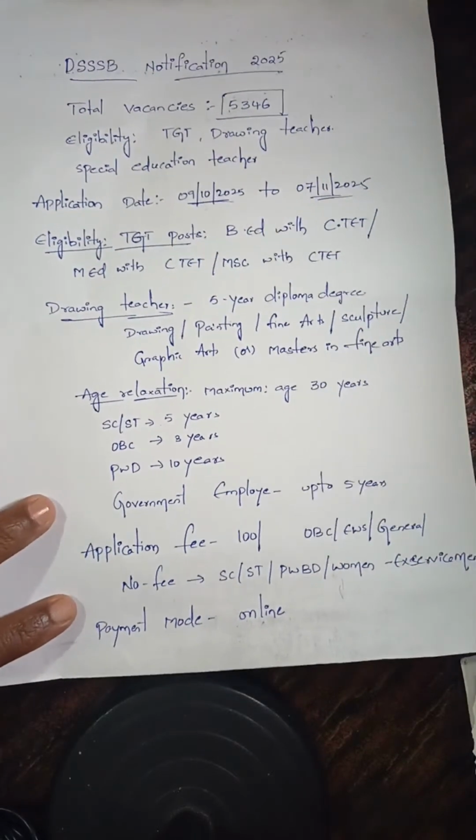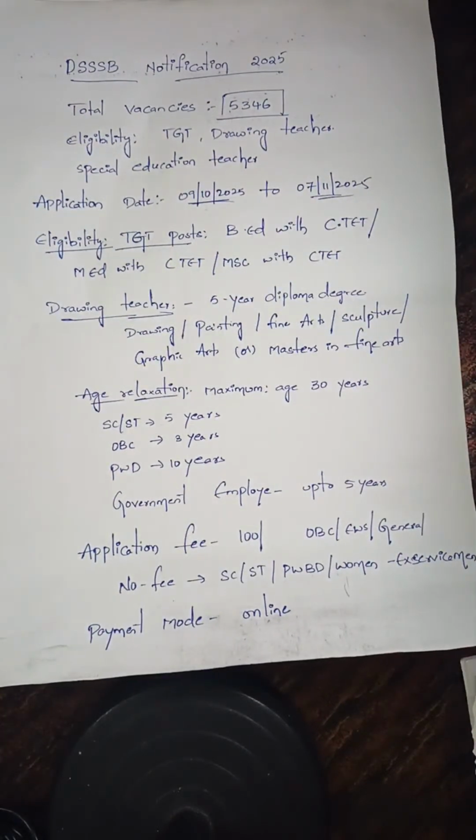We got a big notification of DSSSB notification, that is, the Delhi Subordinate Service Selection Board has officially released teaching vacancies of 5,346.